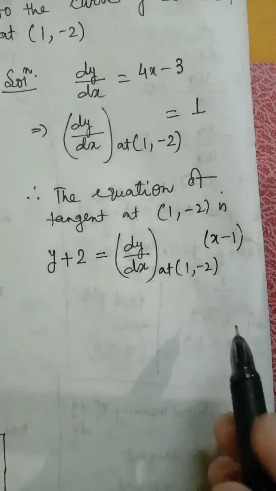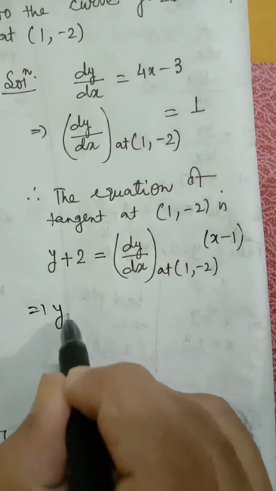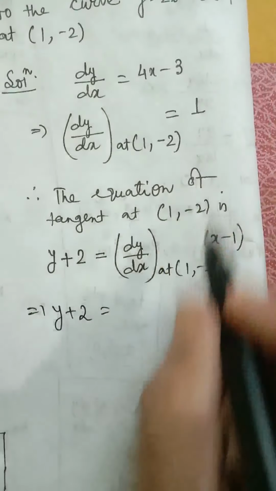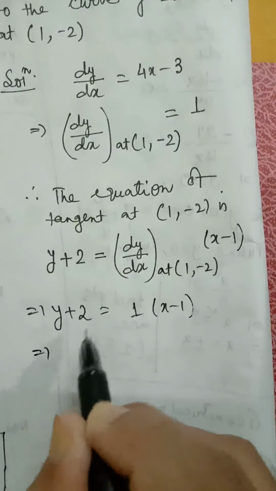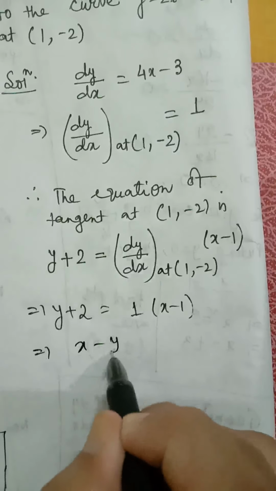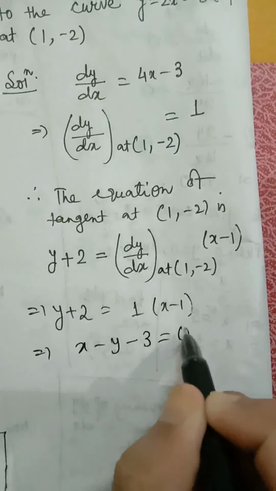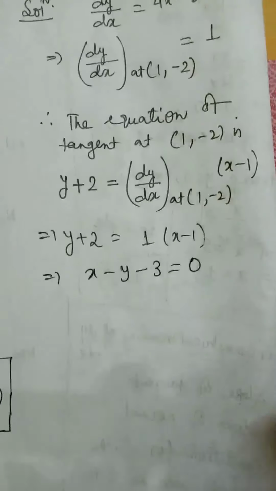This is the formula for equation of tangent. So y plus 2, value of dy by dx is 1, into x minus 1. So x minus y minus 3 equal to 0. This is the equation of tangent.